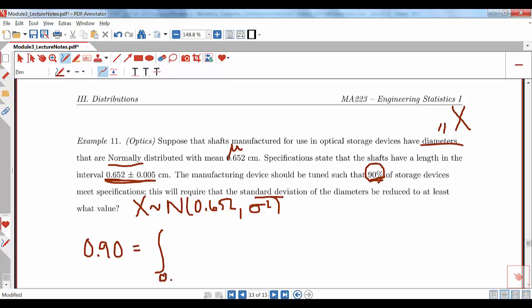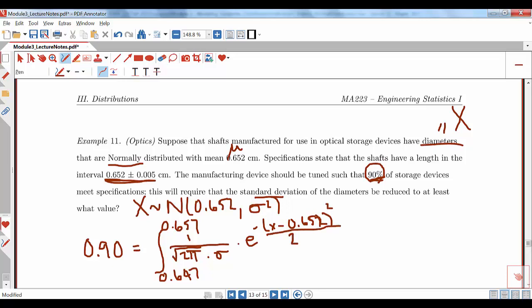So 0.647 to 0.657, with the mean 0.652. I want the area under the normal curve to be 0.9, and since I don't know what sigma is, I'm just going to write the density with 1 over sigma root 2 pi times e to the negative (x minus 0.652) squared divided by 2 times sigma squared.